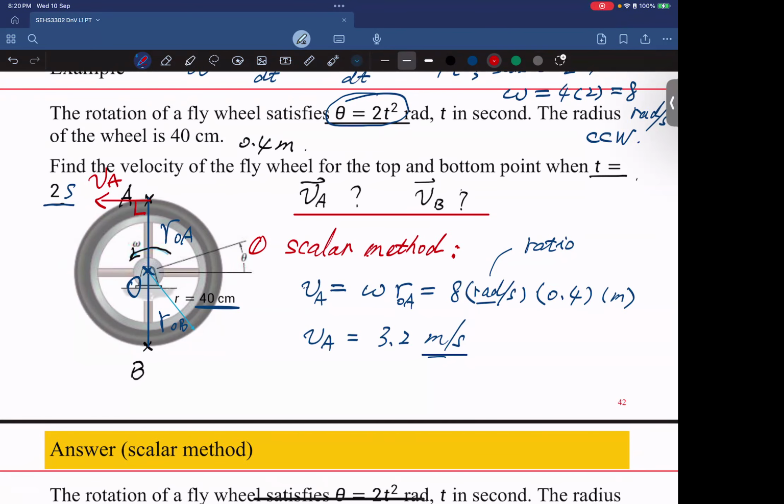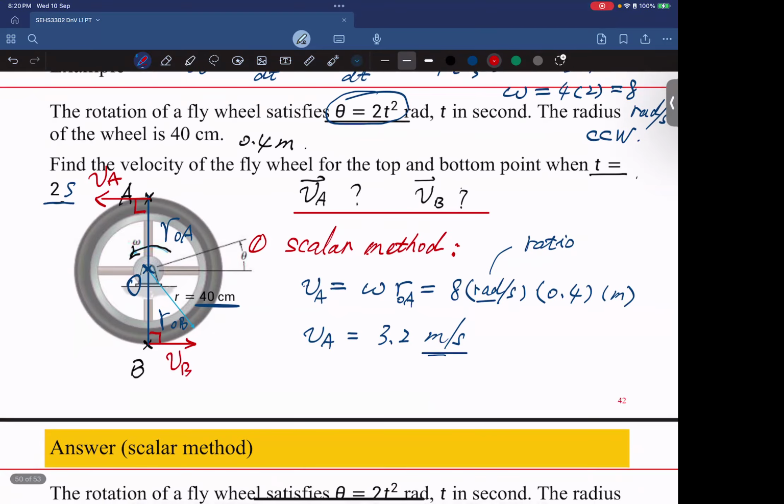Similarly, for VB, it points to the right, perpendicular to ROB. So this is VB. Therefore, we know VA is in this way, and the direction is to the left. We can use the arrow to denote the direction.